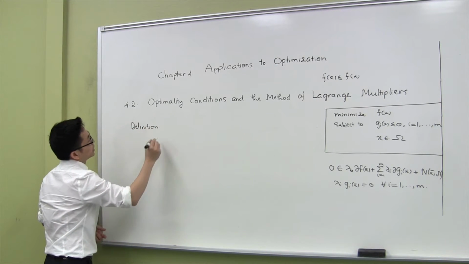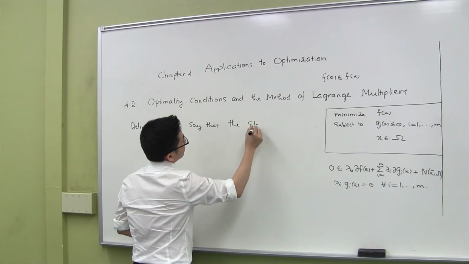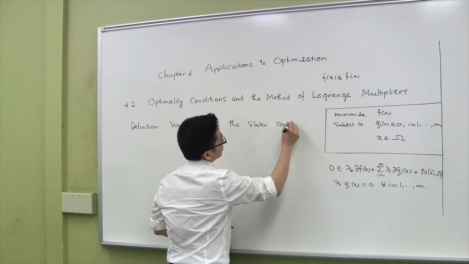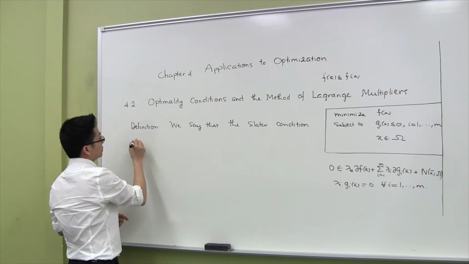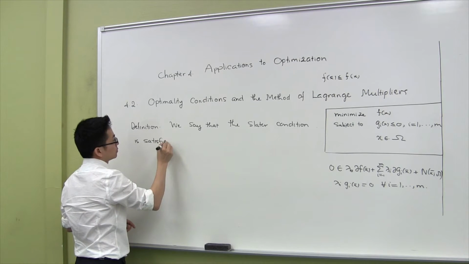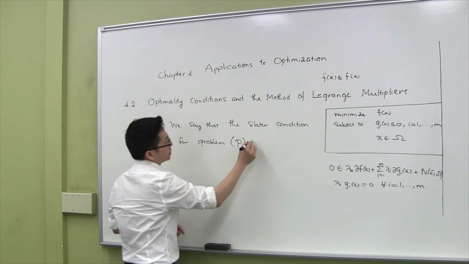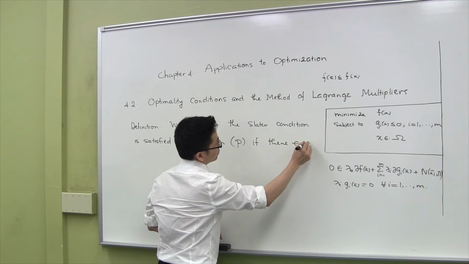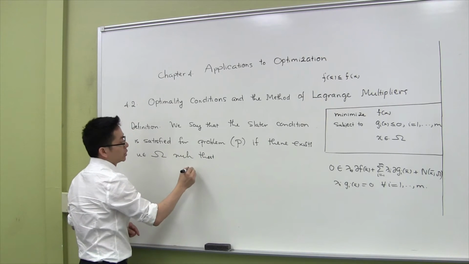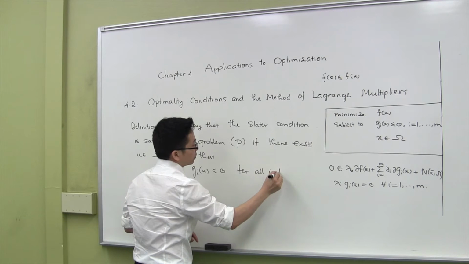We say that the Slater's condition is satisfied for problem P if there exists u in omega such that gi of u is strictly less than 0 for all I from 1 to m.